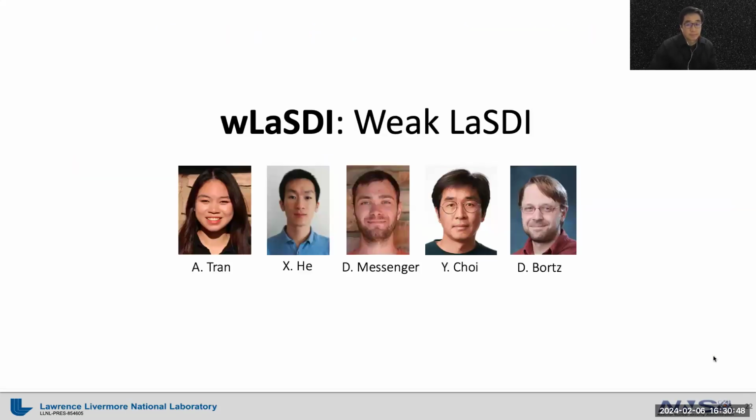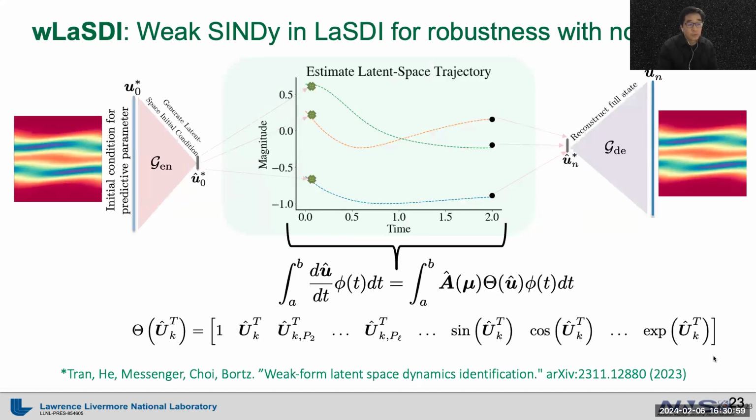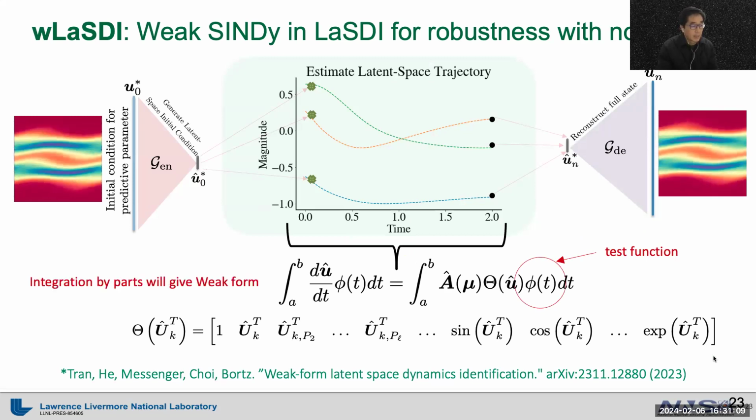So in order to address that, we came up with this framework called weak latent space dynamics identification, weak SINDy, where instead of the strong form, you actually use the integral form, the weak form, by applying test functions in your time domain, compactly supported, and then you apply integration by parts and move those derivative terms on your left hand side to the test function.